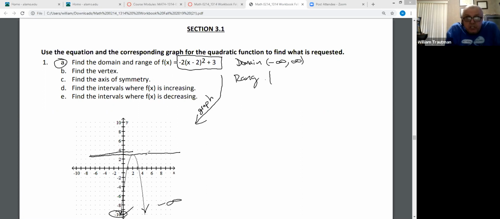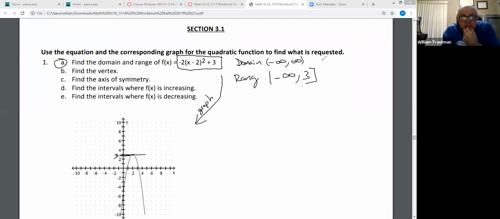So for the range, the lowest value is -infinity, the bottom part, right? And the highest value, it looks like it's going right here to 3. And it is touching 3. The vertex, or the top of the parabola, is always touching the point that it's at there. So it is touching this point here, 3. So this is the domain and range.